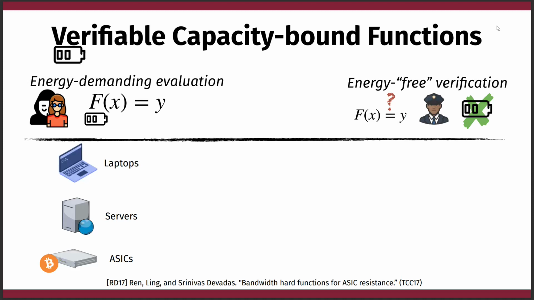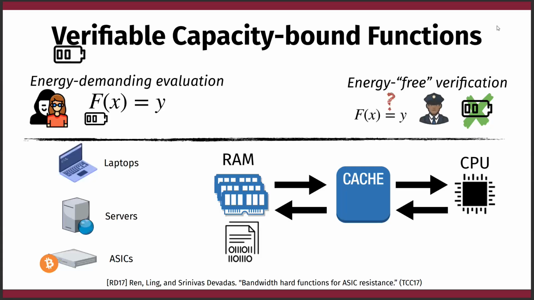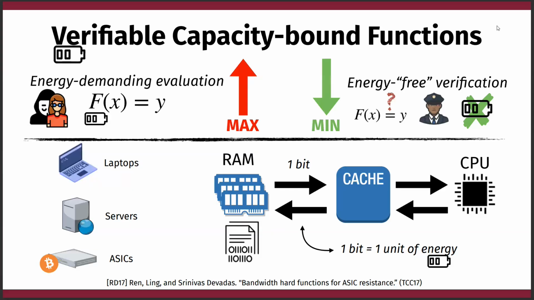So the intuition comes from the paper on bandwidth-hard functions that show empirically that they have a bottleneck called the architecture, and the bottleneck is that when you read bits from the RAM, either because you move the bits to the cache or to the CPU to perform some kind of computation, you're going to waste 1 unit of energy, and the unit is more or less the same across all the architectures we have, including ASICs, for example. So the idea for the function is to maximize this amount on evaluation and minimize the same amount on verification.